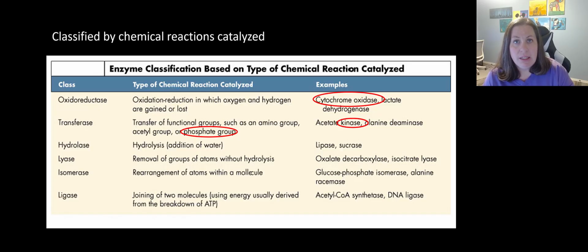These are going to be really important because these are going to be enzymes that are important for ATP transfer, but also these are some of the enzymes that we can actually detect with certain kinds of biochemical tests. And so if a cell actually has the ability to use the cytochrome oxidase, we could do a test called oxidase to find out if it has that particular enzyme. So these are just some examples.